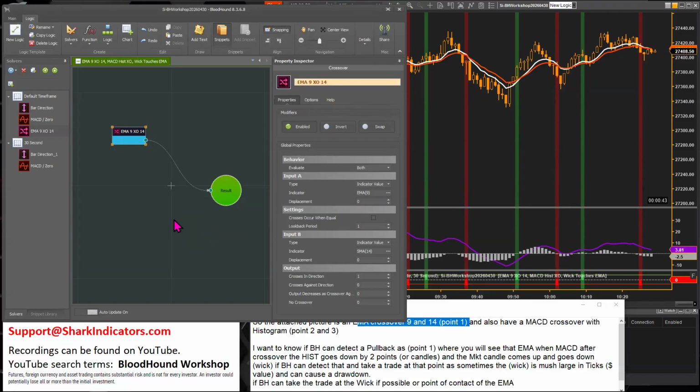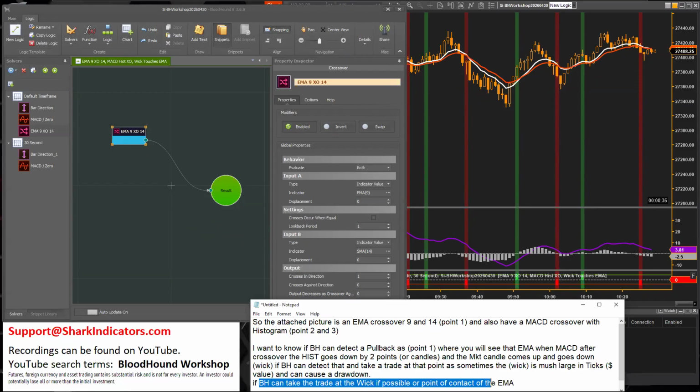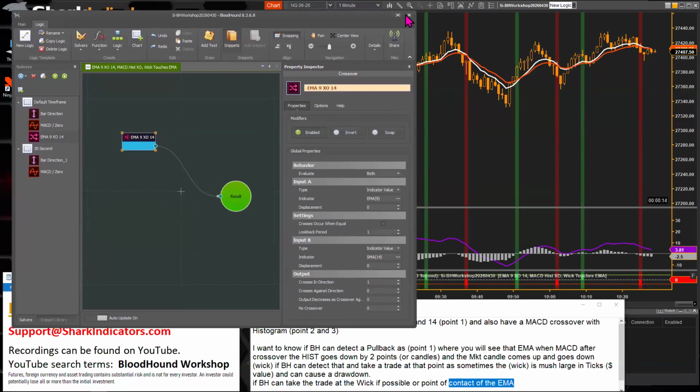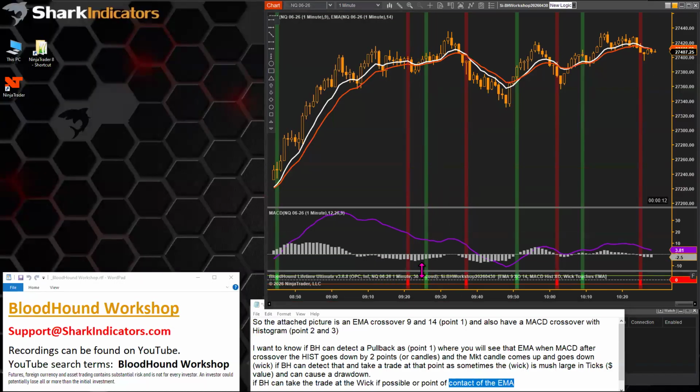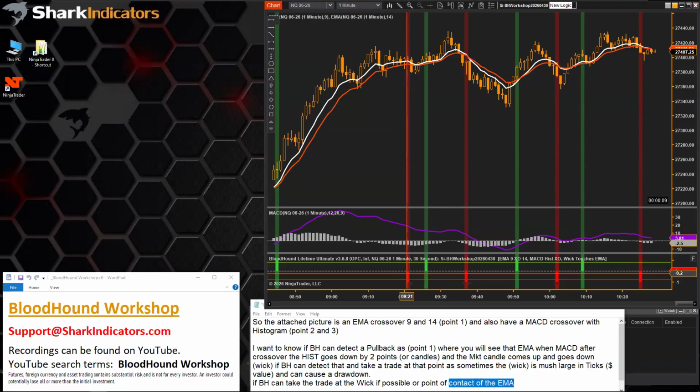So the point I was making earlier is that because of this condition, what's wanted is to produce the signal when the wick touches the EMA. That means our indicator, Bloodhound, needs to run on price change.